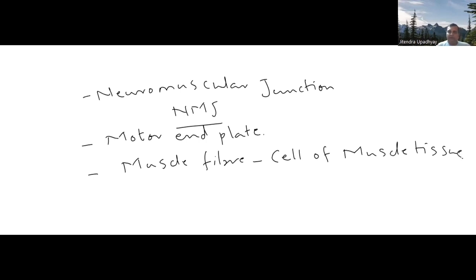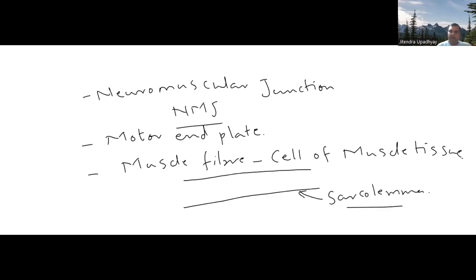When we talk of a cell, any cell has a membrane. It is called the cell membrane. Similarly here, the muscle cell has a membrane which is called the sarcolemma. So the nerve will attach or form a junction with the sarcolemma, which is called the neuromuscular junction or the motor end plate. So the motor neuron terminates here, ends here, forms a junction that is called the neuromuscular junction.